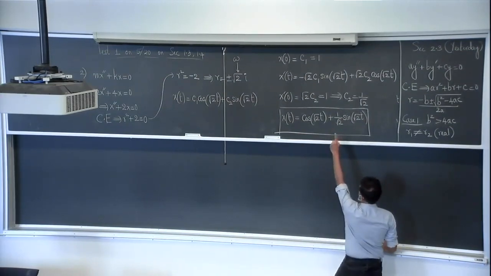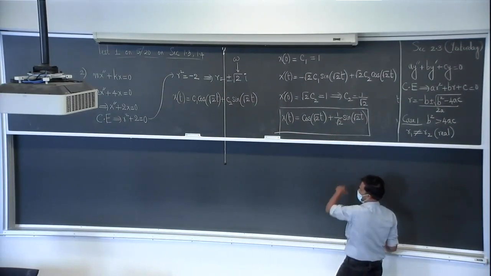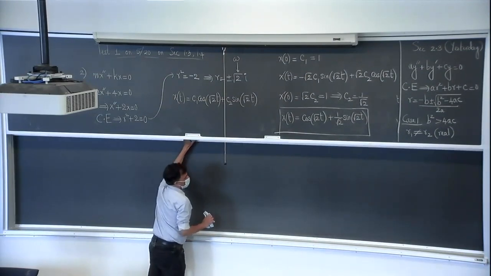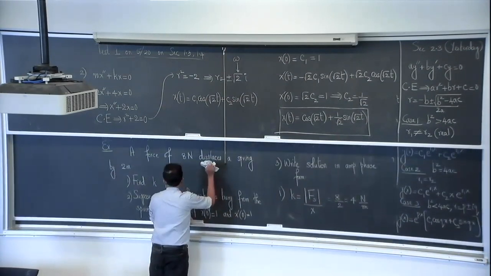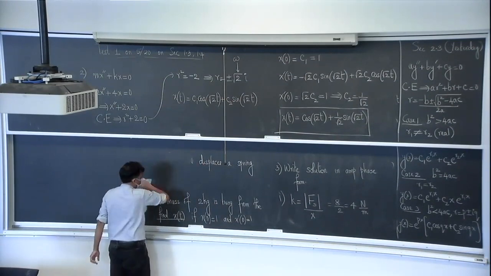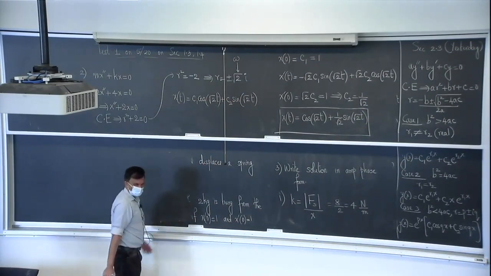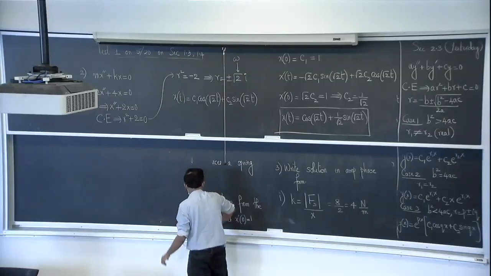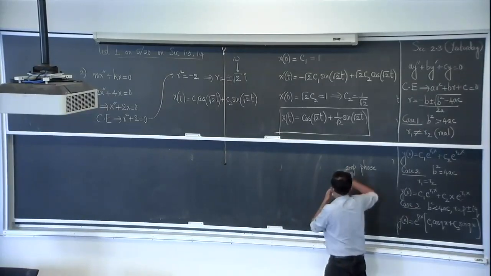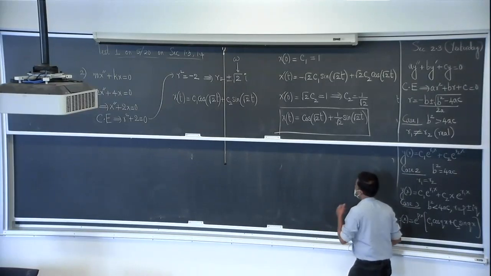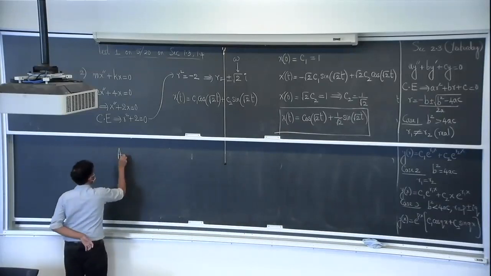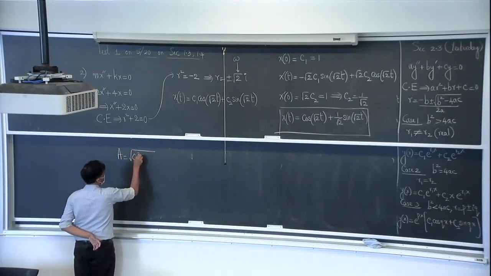Okay, so C1 is 1, C2 is 1 over root 2. So calculating the amplitude is pretty easy. This is one of those parts where you might need to use a calculator to do some small calculations. All right, so the amplitude A is the square root of C1 square plus C2 square.